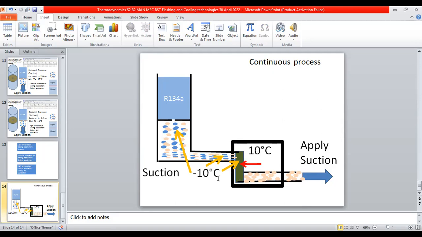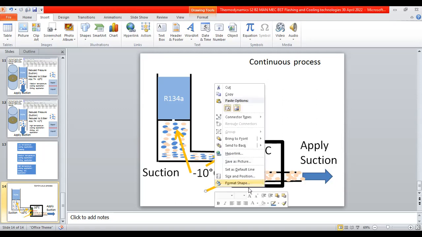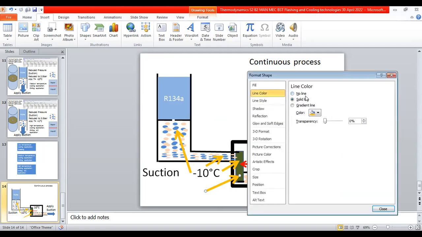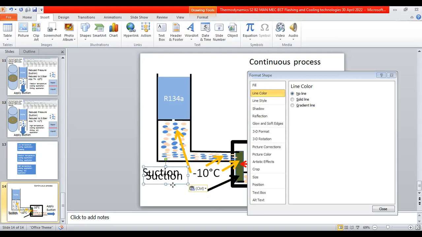So this cooling plate, because all the liquid disappears and all the liquid turns into vapor, can be named as evaporator.